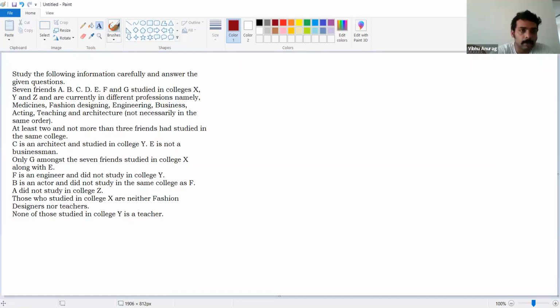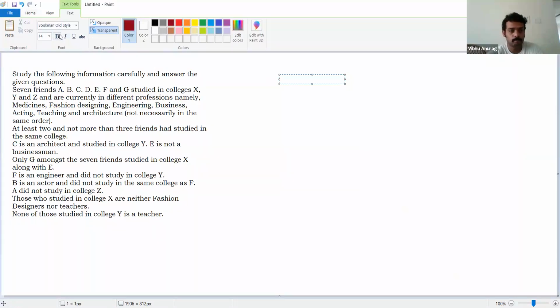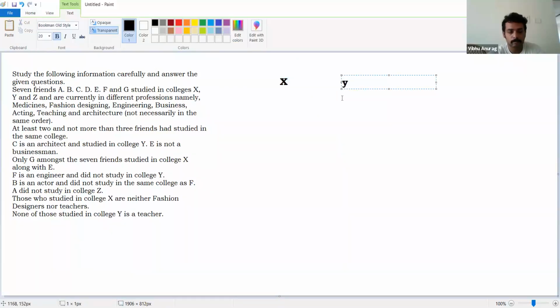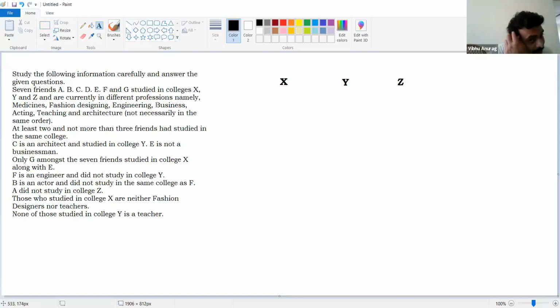Now here you have three colleges, X, Y, and Z. And you have these 7 friends. And at least 2 and no more than 3 studied in the same college. Fine.